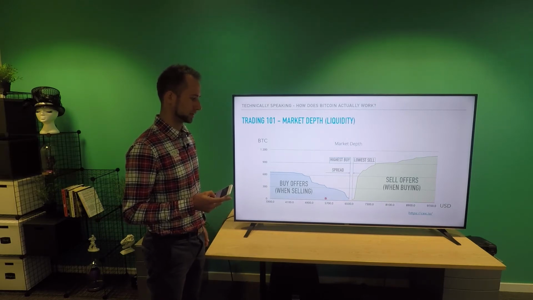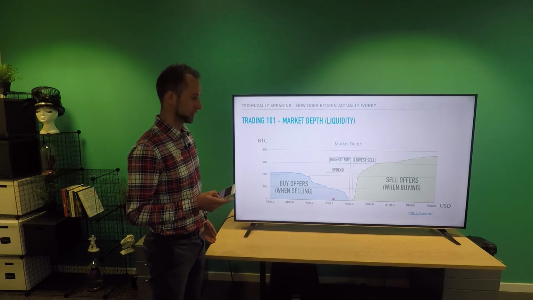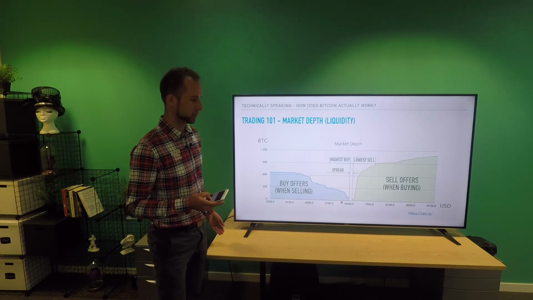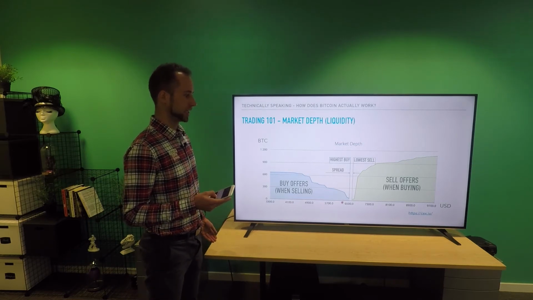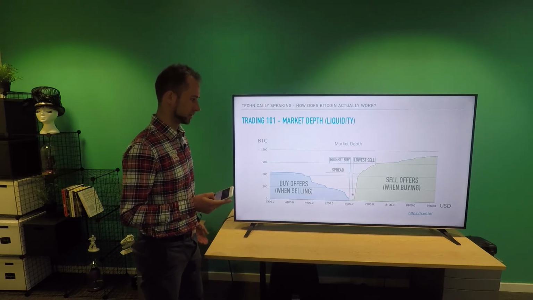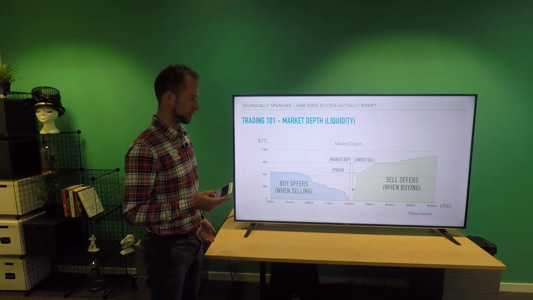That's more than 10% lower price than what you were expecting. So that's why you need to pay attention to the liquidity of the trading pair that you're trading on, and the depth chart is the best way to do that. It is the way to see into the liquidity of every market.